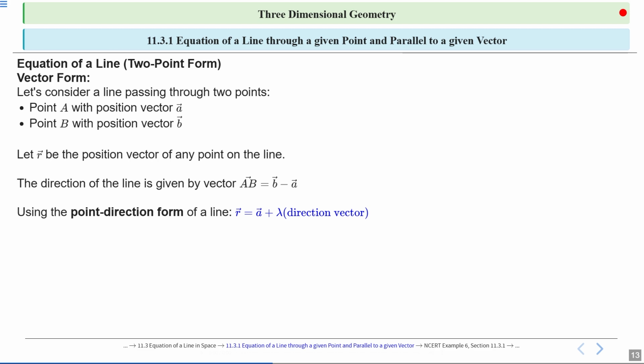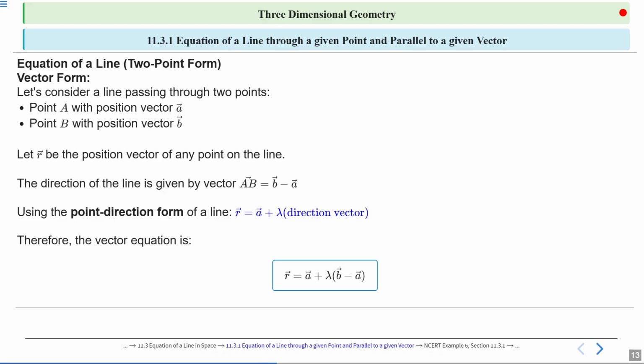Here lambda is a parameter that can take any real value and it helps us generate all points along the line. Therefore, the complete vector equation of the line is vector R equals vector A plus lambda times (vector B minus vector A). Okay, so this is the vector equation of a line in 2-point form.